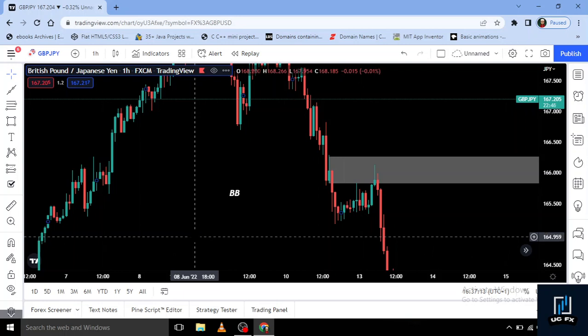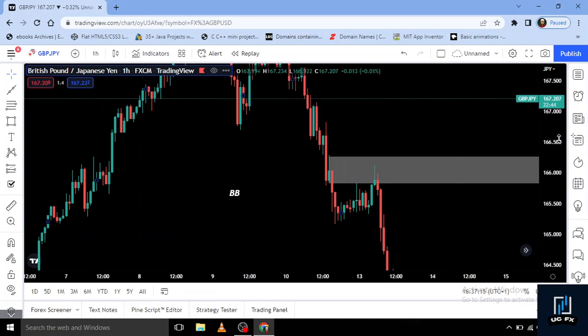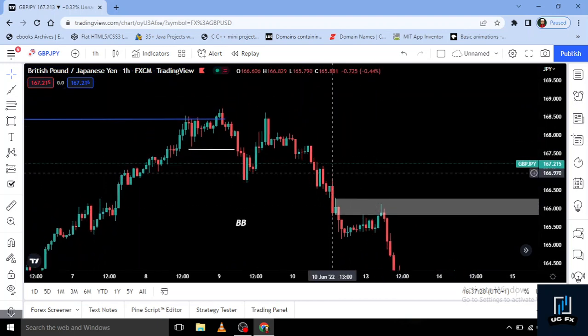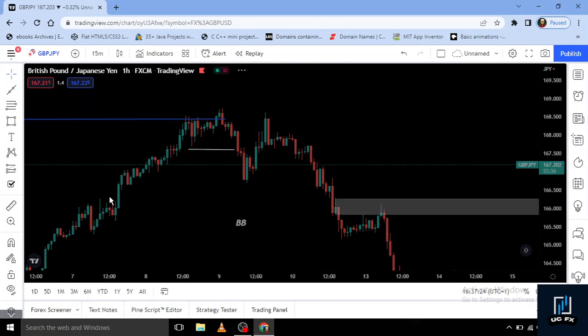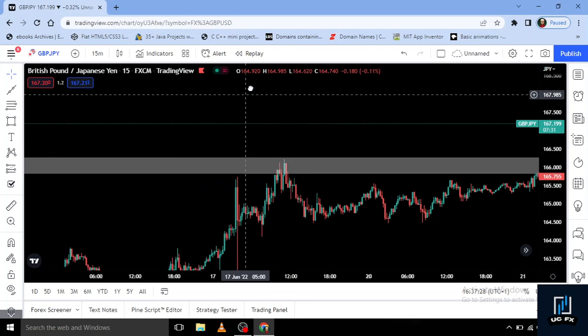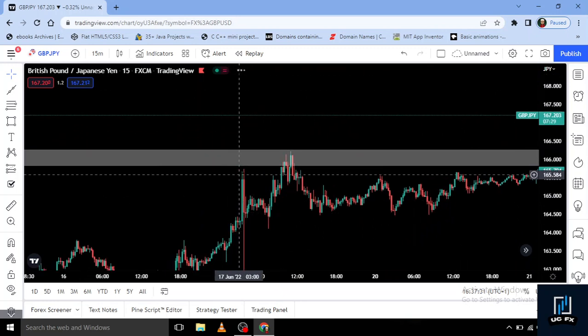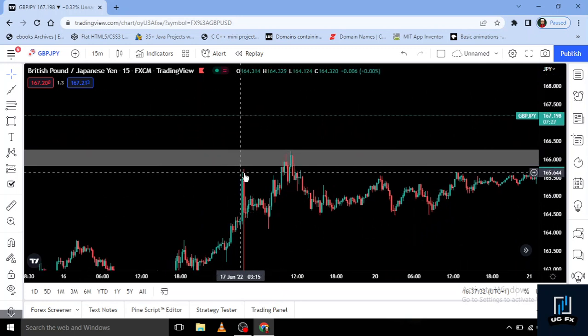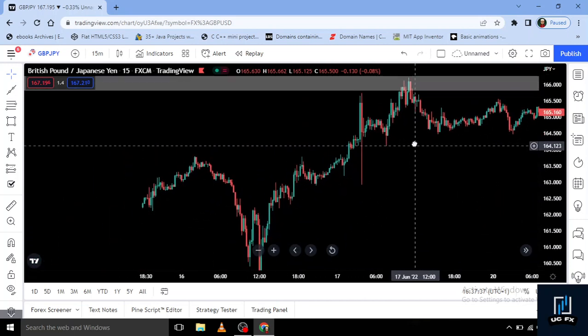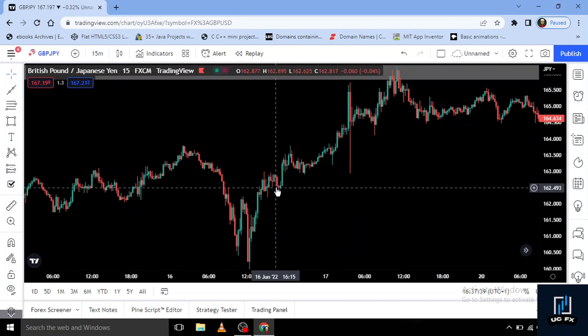Then we'll be hearing stuff like high of the day, high of the week. These are basically the points in the market where the market stopped for the day, the highest point in price for each day. That's what we call the high of the day. So let's check from this point.